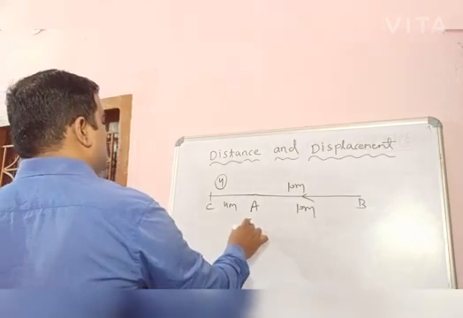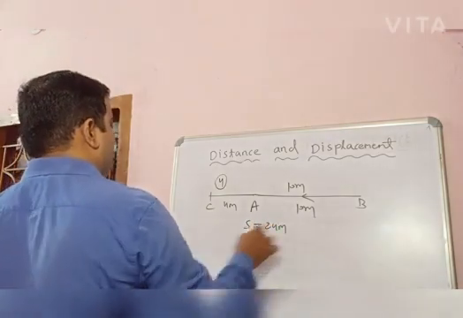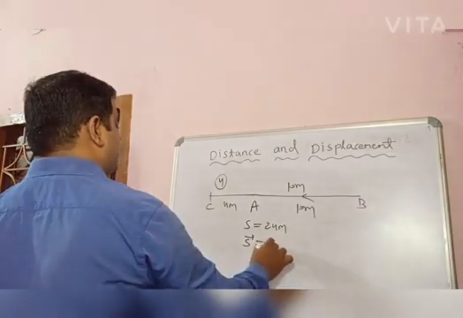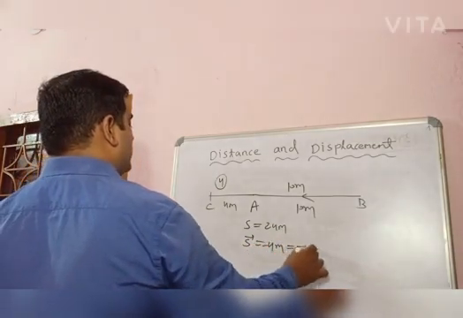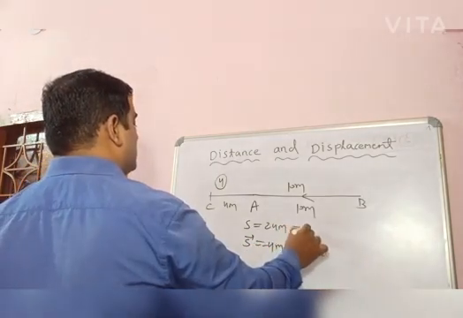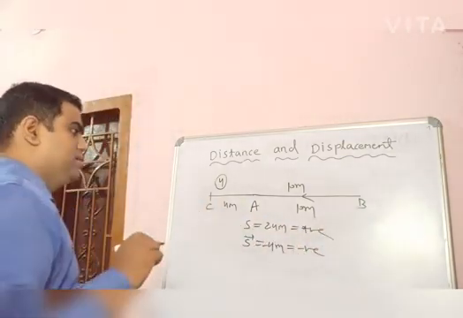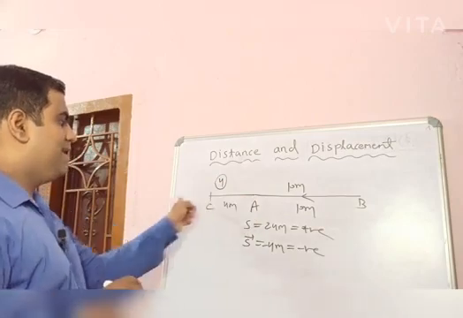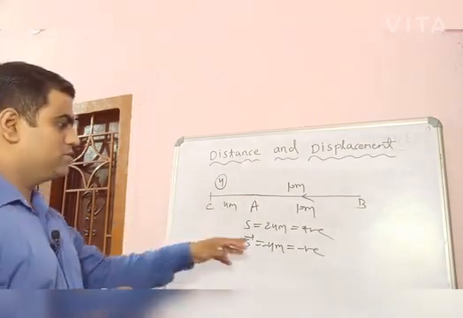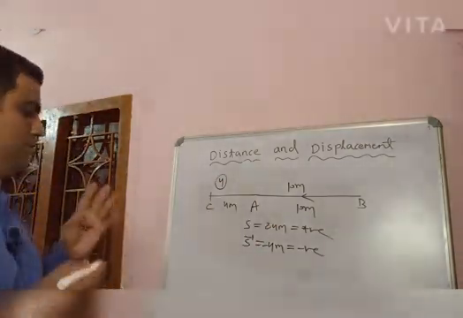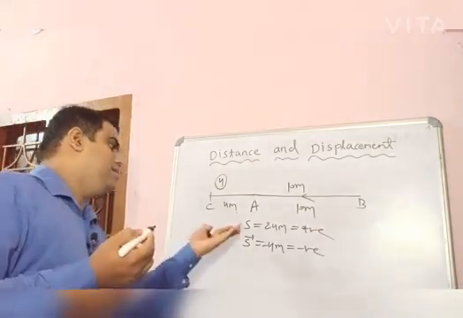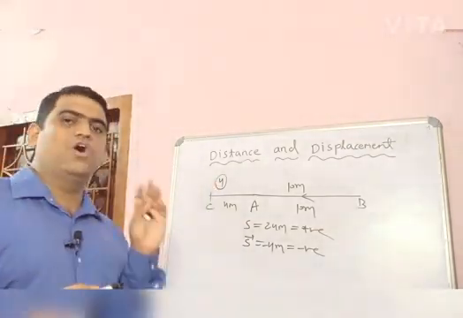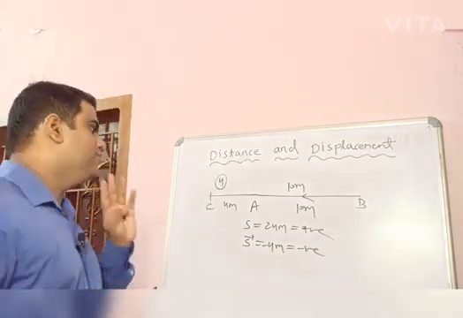Here total distance is 24 meter, but displacement is minus 4 meter, which is negative. 24 meter is positive, but displacement is negative because the 10 meters cancel each other, then 4 meter in backward direction, which is a negative vector, so it is negative. So we know that distance is always positive, but displacement is either positive or negative or 0.